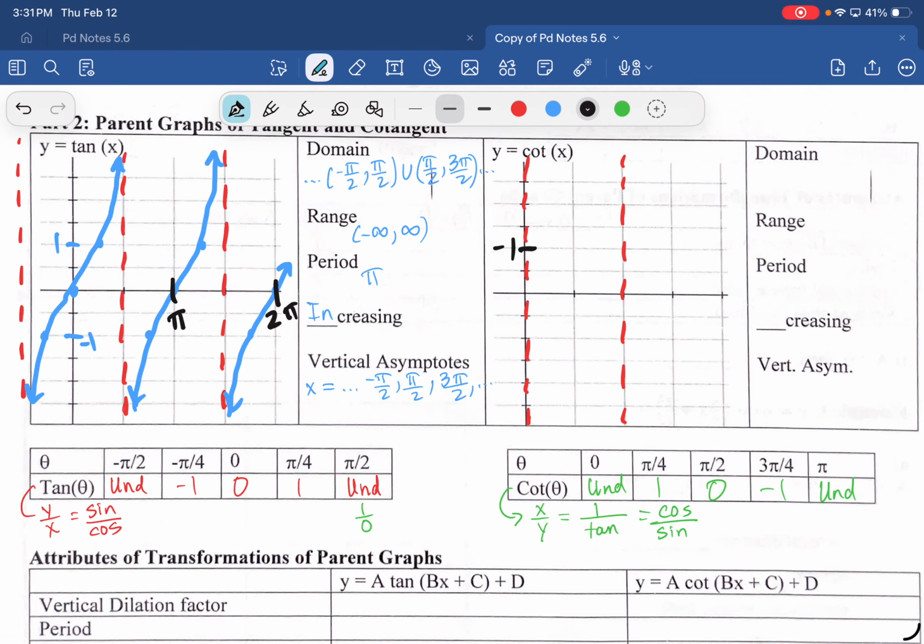So the transformed equations for tangent and cotangent will have a period of pi divided by absolute value b. So all 4 of the others, period formula is 2 pi over absolute value b, tangent and cotangent, pi over absolute value b. The range for both is negative infinity to positive infinity.